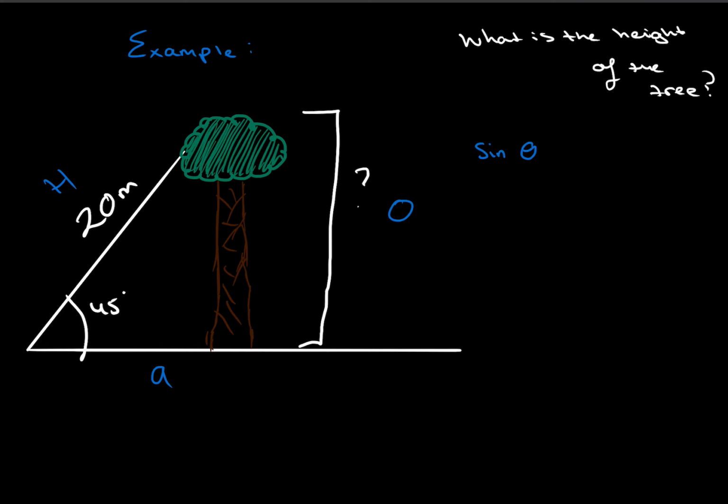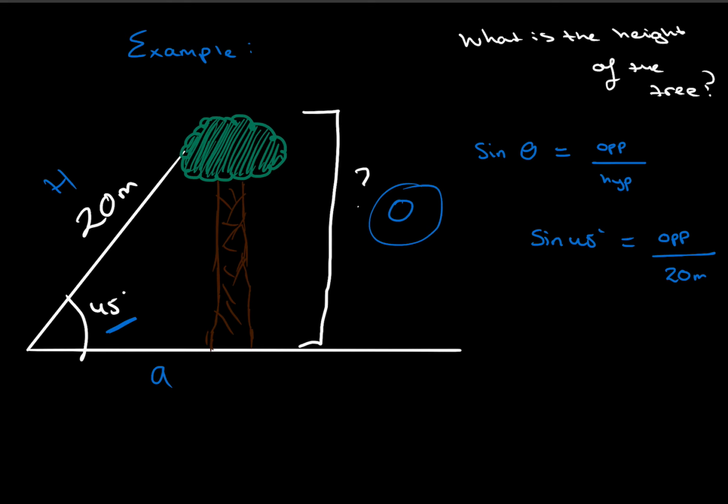Sine theta is equal to opposite over hypotenuse. Let's plug in the values that we have to find our opposite. We've got sine 45, because theta is our angle, equal to opposite, which we're trying to find, over hypotenuse, which is 20 meters.